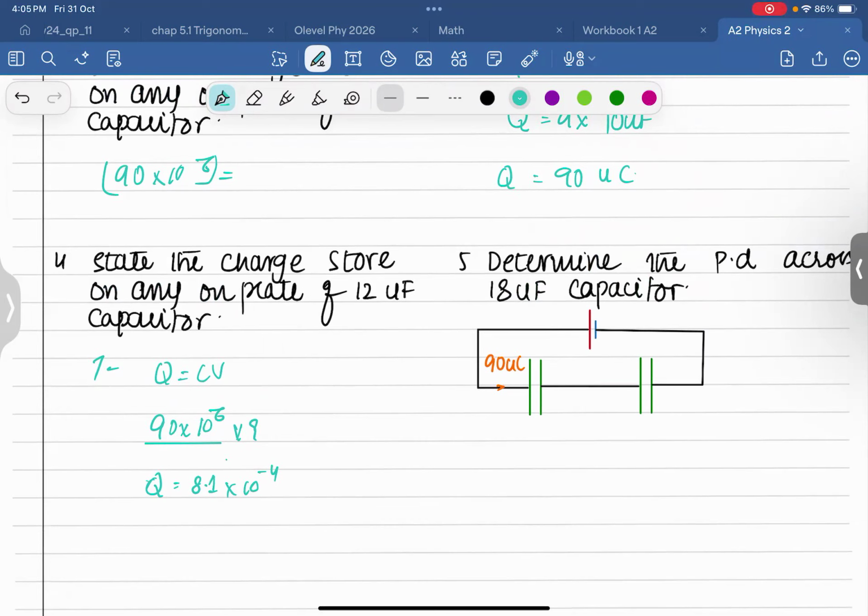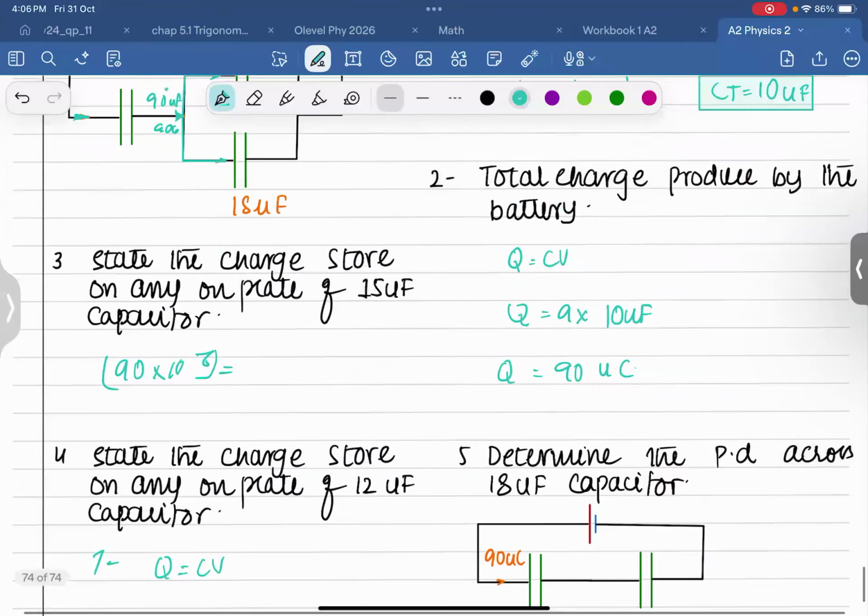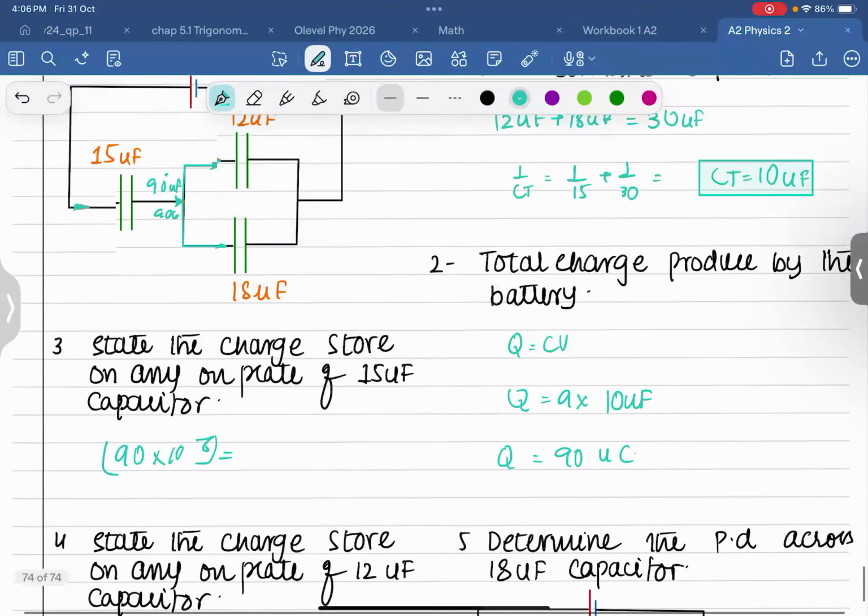Wait, there's one problem. We know the charge, that is 90 microcoulomb, and we know its capacitance, 15 microfarad.